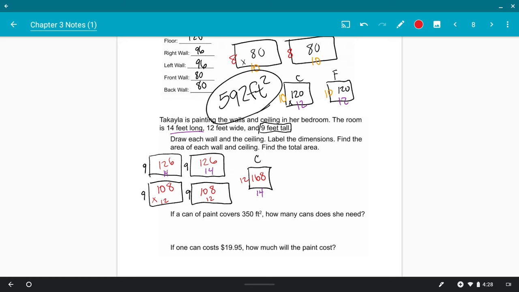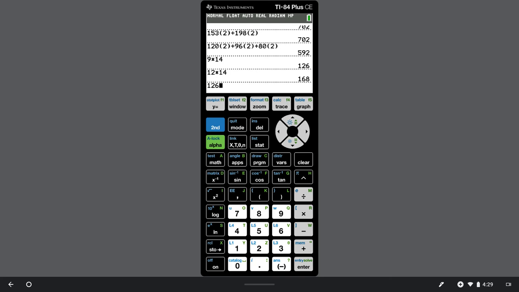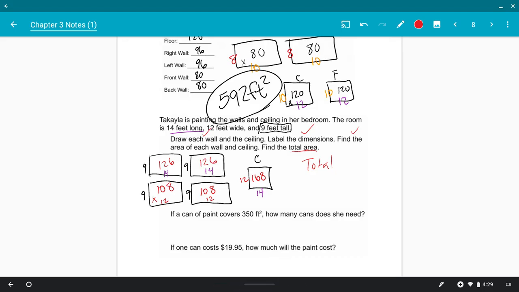So we drew those, we labeled the dimensions, we found the area of each, and now we need to find the total area. So the total is 126 times 2 plus 168 plus, forgot the other number, 108.